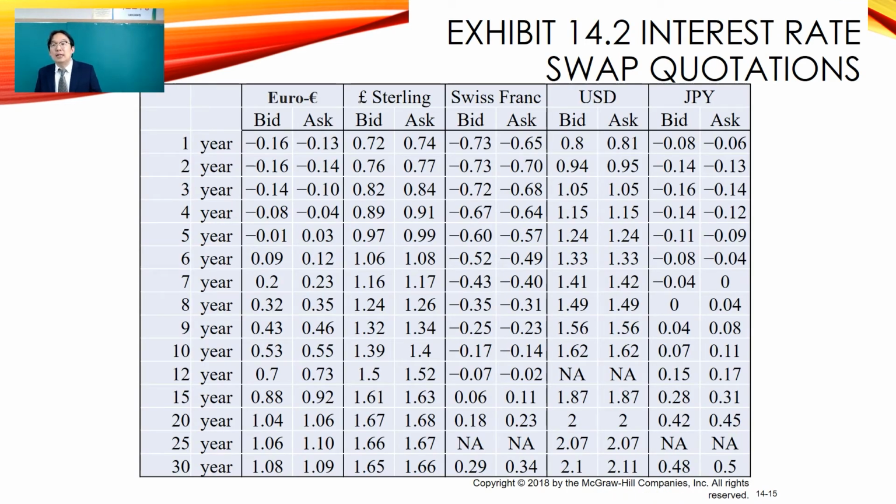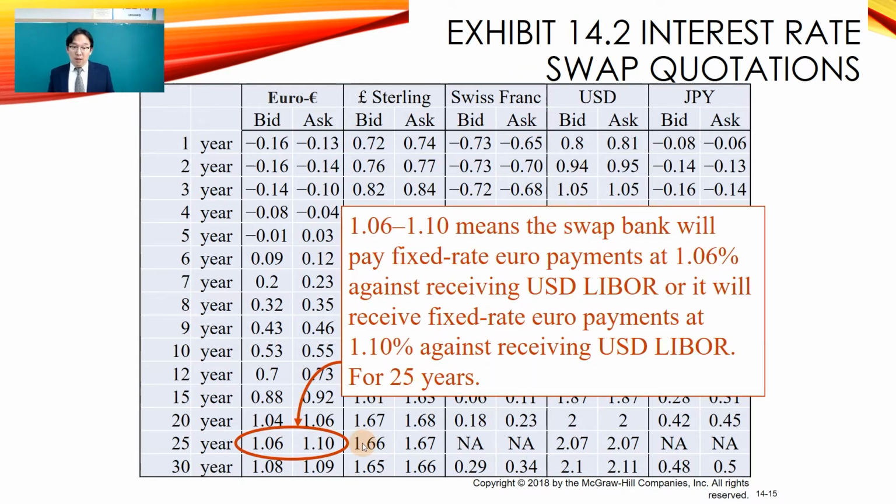It shows like this: interest rate swap quotations in euro, sterling, Swiss franc, US dollar, and Japanese yen, for 1 year, 2 years, 3 years, all the way to 30-year swap contracts. You see the bid-ask spread of these over here.